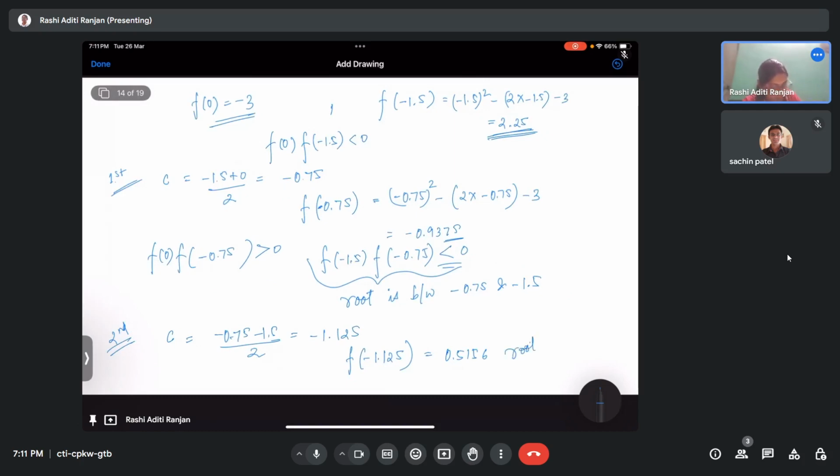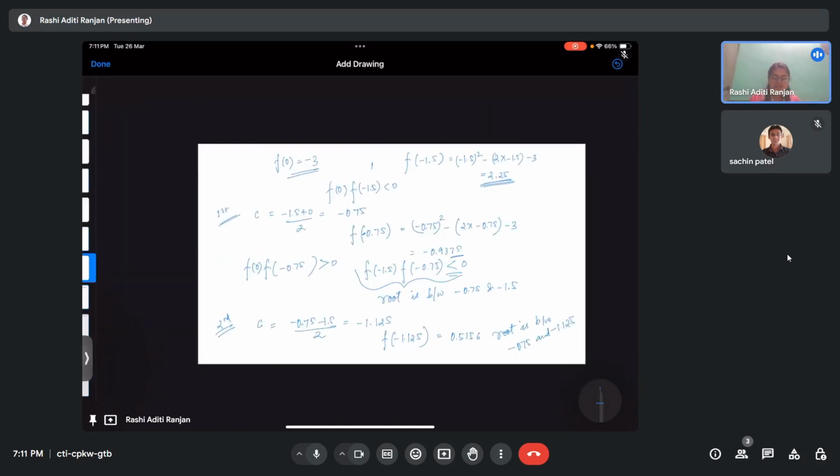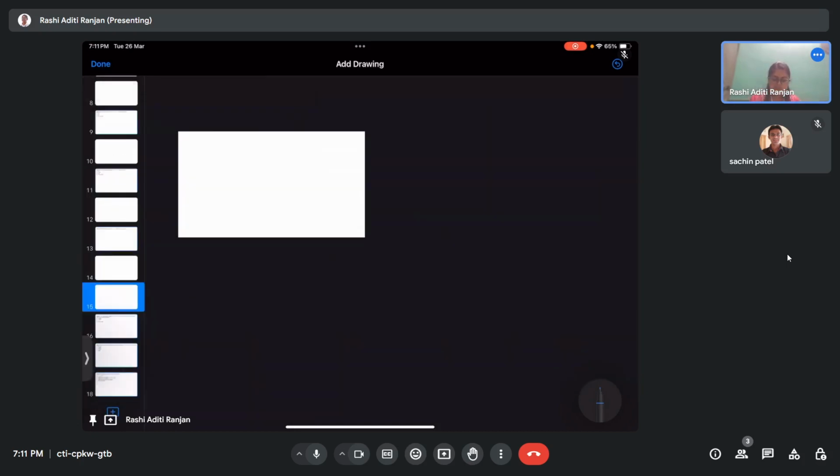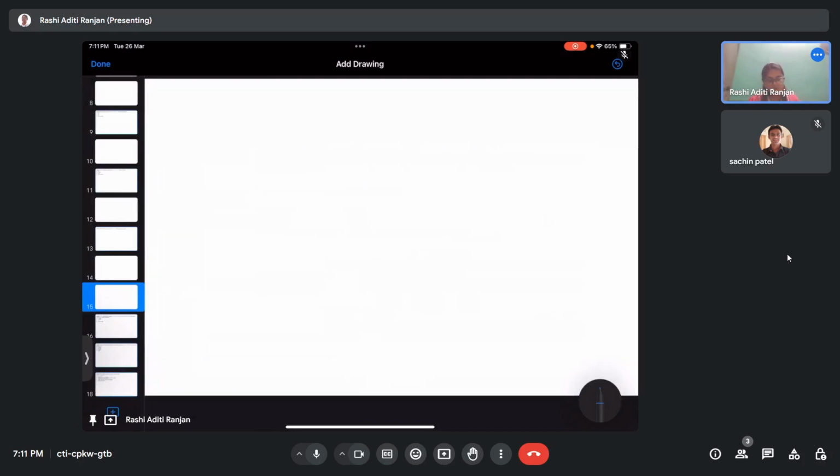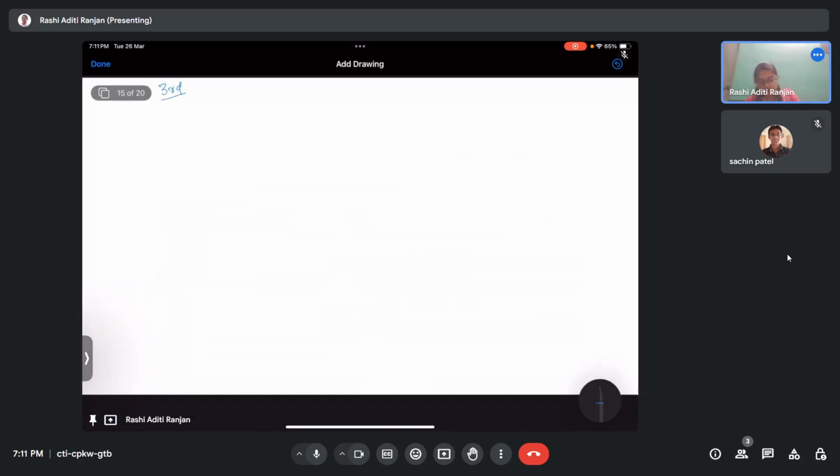Root is between minus 0.75 and minus 1.125. Again I go for the third iteration. So my third iteration says that my c is equal to what? It is going to be, again, the average value, right?